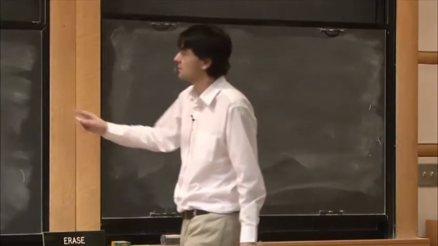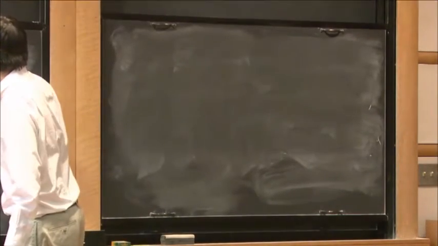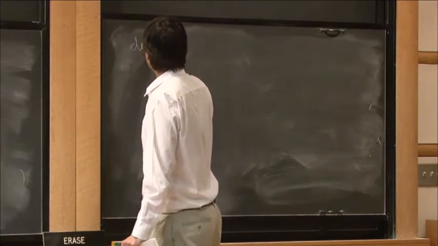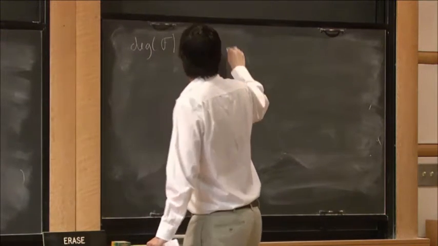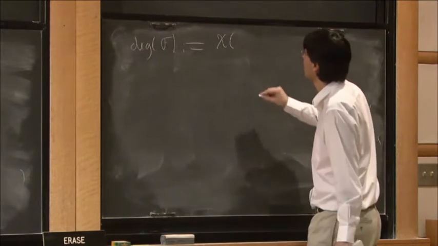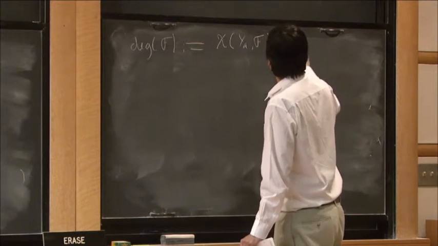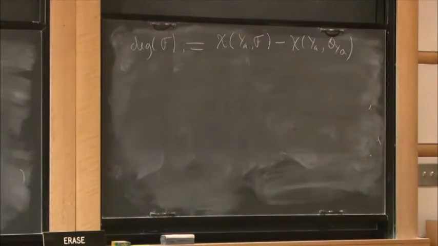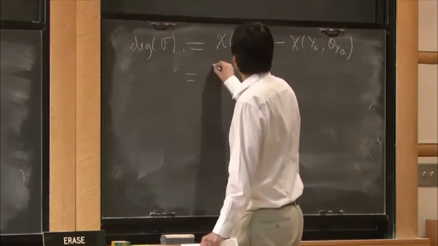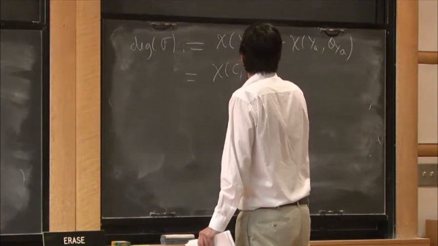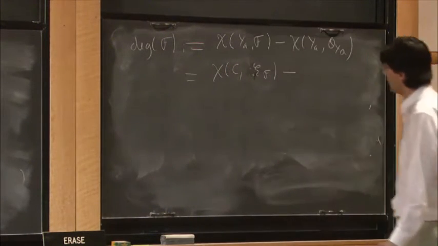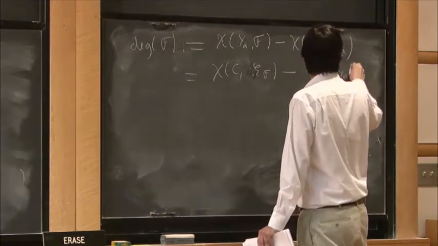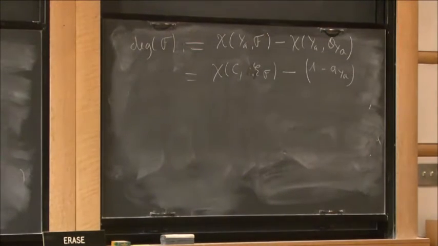So this is the Hitchin-Beauville functor. I can also define the degree of such an object. By definition, this is the Euler characteristic of F minus the Euler characteristic of the structure sheaf. So this gives you the Euler characteristic of E_F minus 1 minus the arithmetic genus of Y_A.